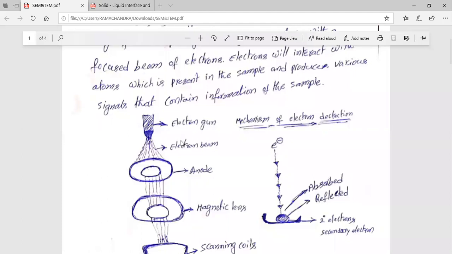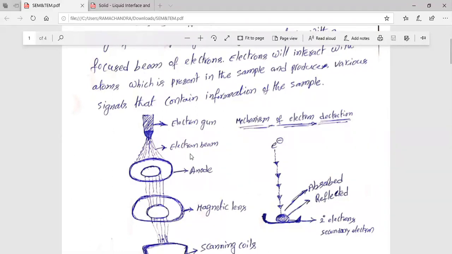In this instrument, we use an electron source, the electron gun, which produces the electron beam.